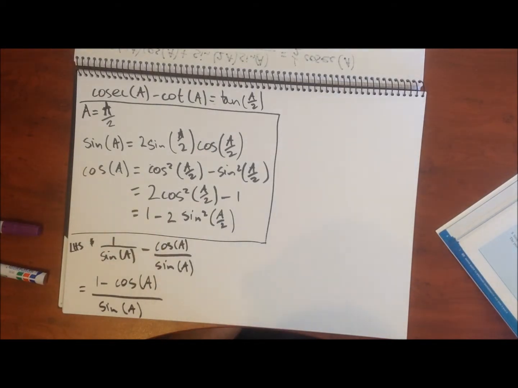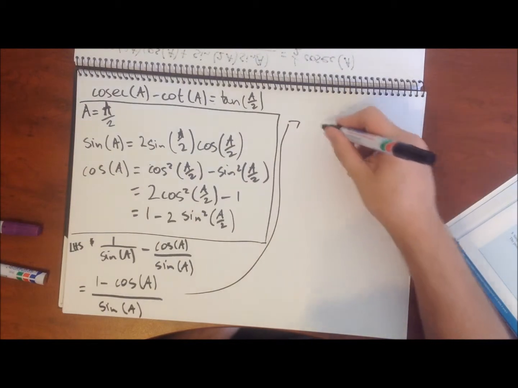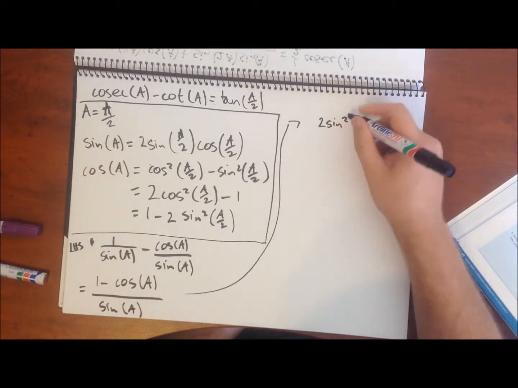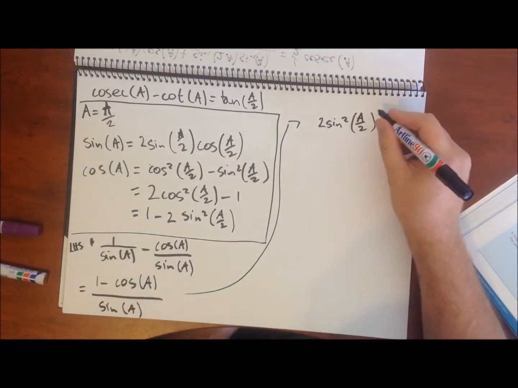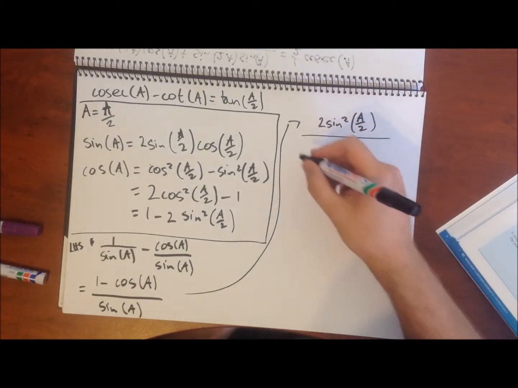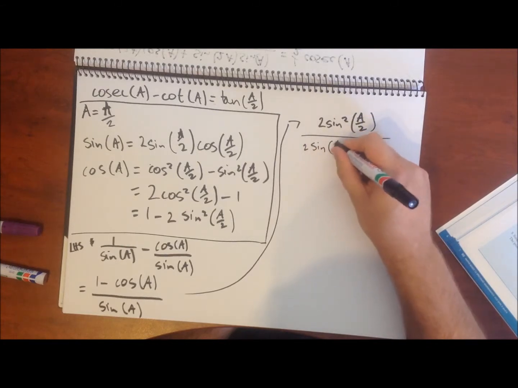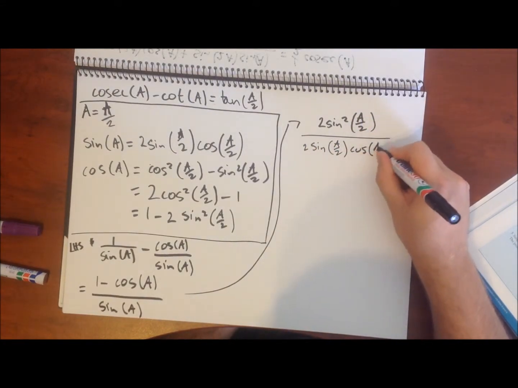This one here, 1 minus cos, we're going to come up here and say that's going to be the same as 2 sine squared of a on 2, divided by 2 sine of a on 2 cos of a on 2.